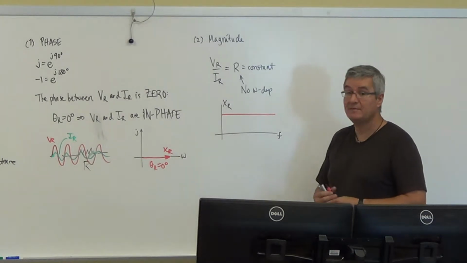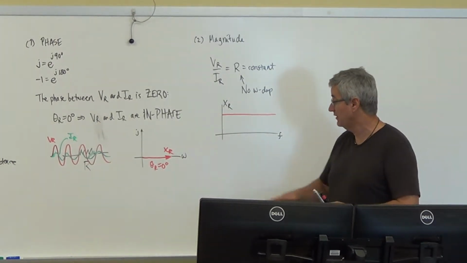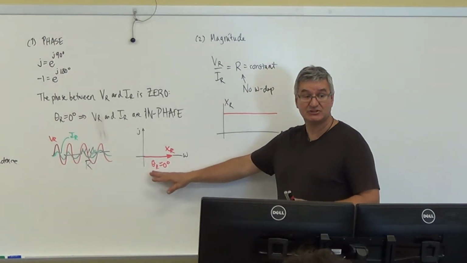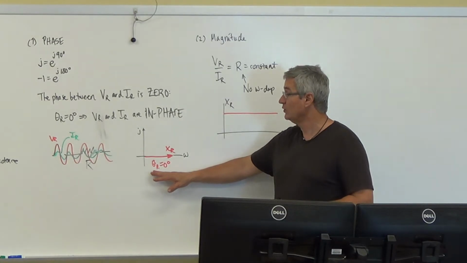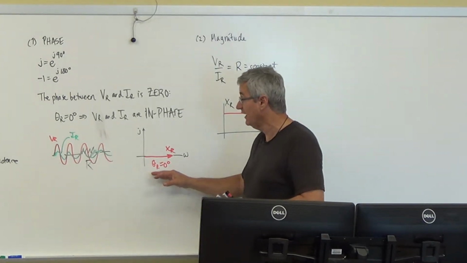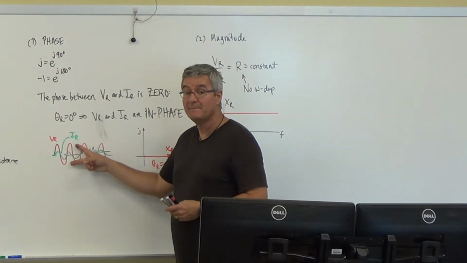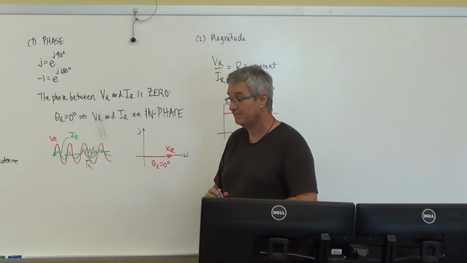So that's what I mean by a resistive element. So in an AC circuit, if a circuit has an angle that's very close to 0, we say that it's resistive in nature. And if it's resistive in nature, that means these two guys must be in phase, or very close to in phase, excuse me.